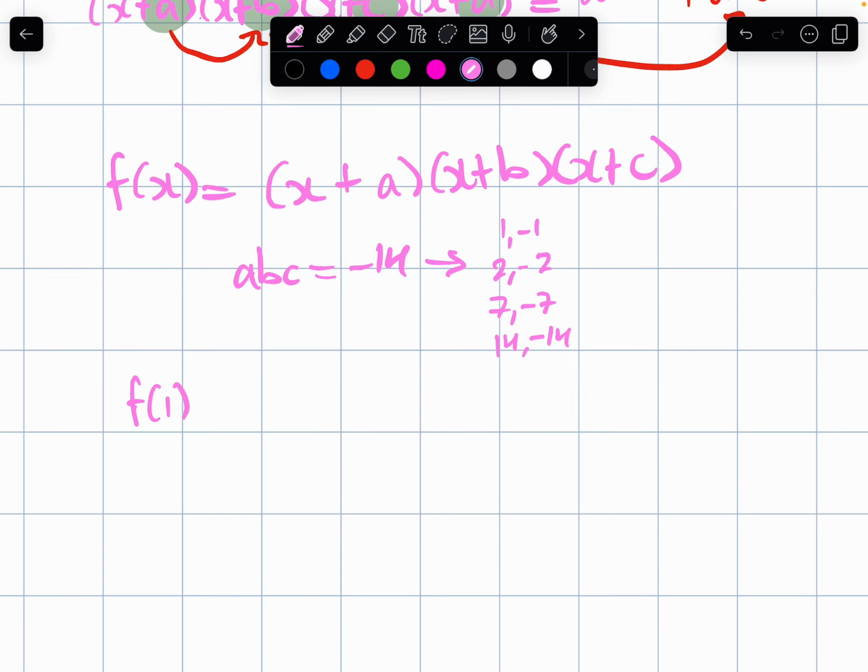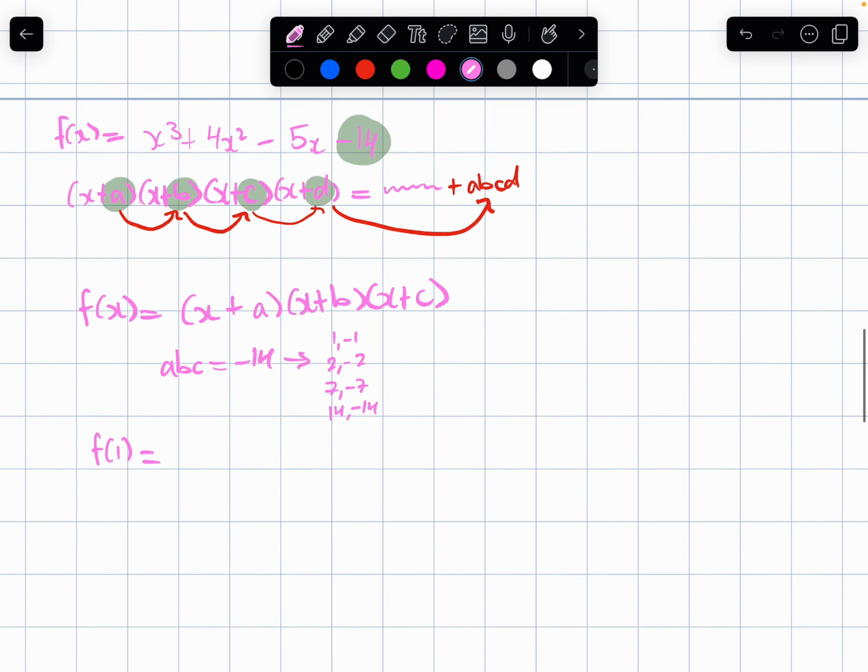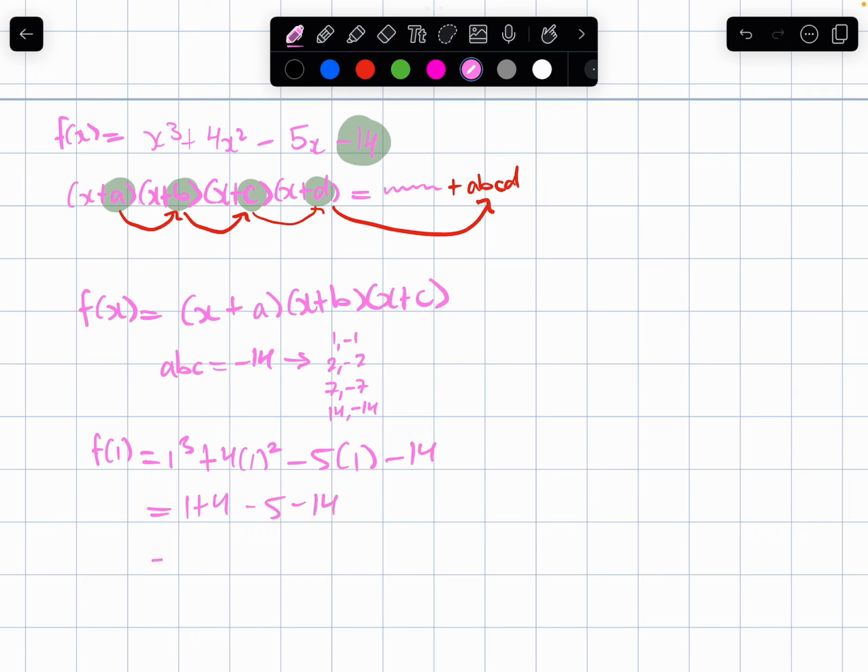So let's test f of 1, for example. You get 1 cubed plus 4 times 1 squared minus 5 times 1 minus 14, which equals 1 plus 4 minus 5 minus 14, which equals negative 14. So you know that 1 isn't a root. You can start eyeballing it to a degree.